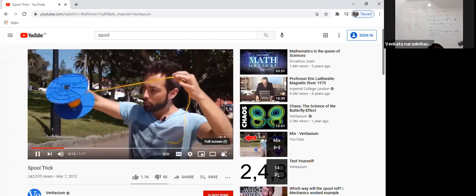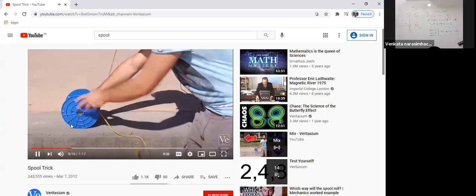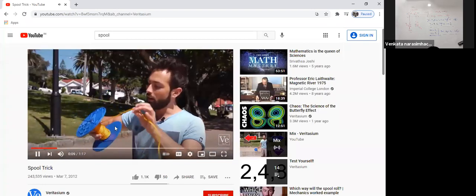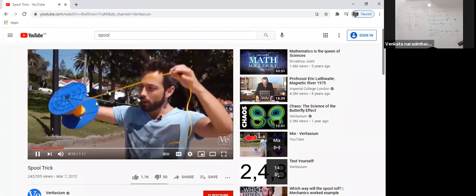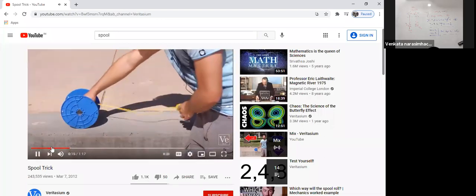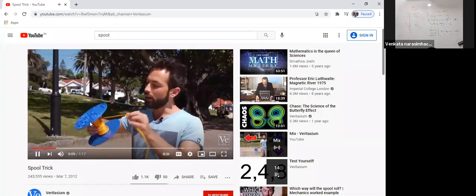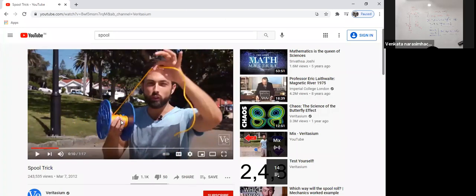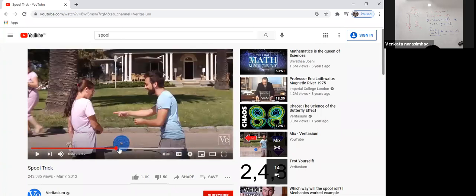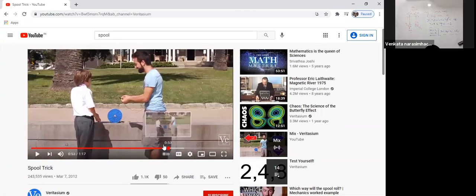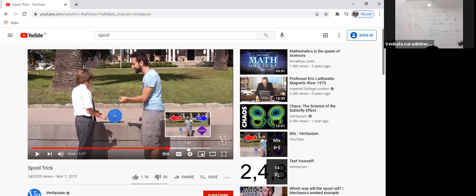This is called a spool, S-P-O-O-L. Please see, there is an inner radius, outer radius. A thread is wound on the inner side of the spool. Are you people able to see this? This is called a spool, also referred to as bobbin. We will solve even this problem which he is demonstrating.